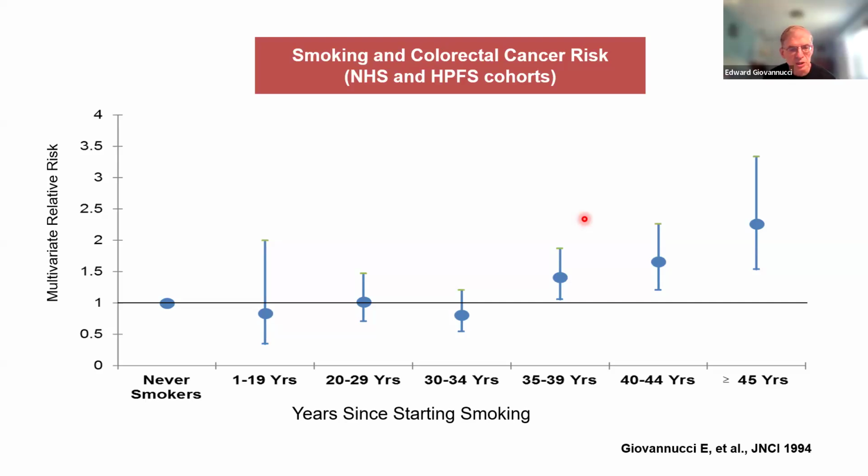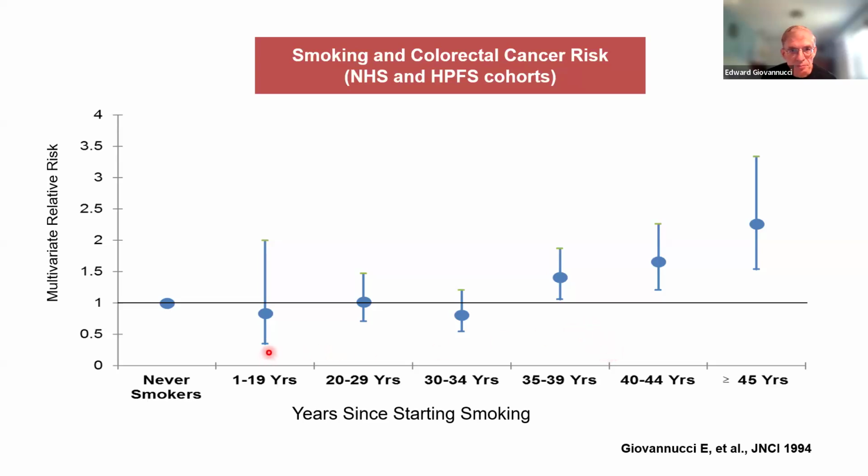They did obviously show smoking associated with other cancers, particularly lung cancer. But we hypothesized that it would just take longer to see an effect on colorectal cancer. Now, smoking started in the early 1900s.